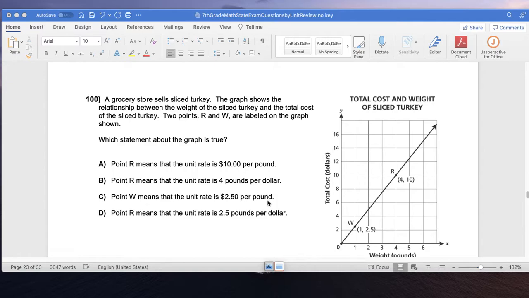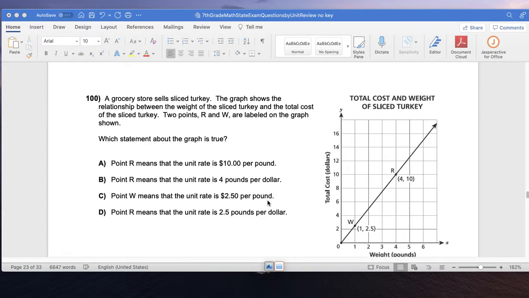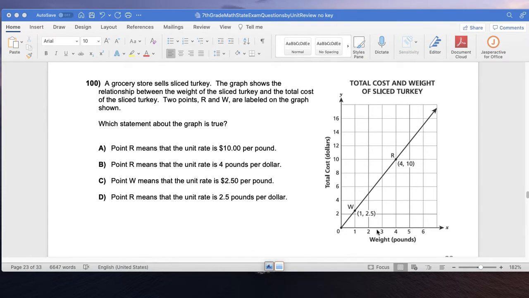A grocery store sells sliced turkey. The graph shows the relationship between the weight of the sliced turkey and the total cost. All right, so 1 pound is $2.50, 4 pounds is $10. Which statement is true about the graph? Point R means that the unit rate is $10 per pound. Absolutely not.